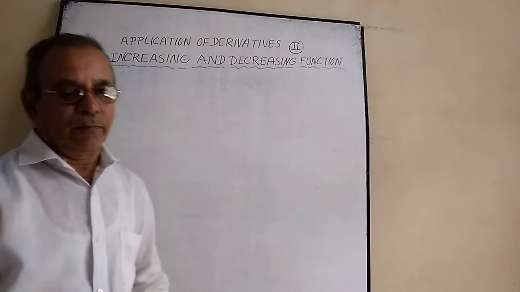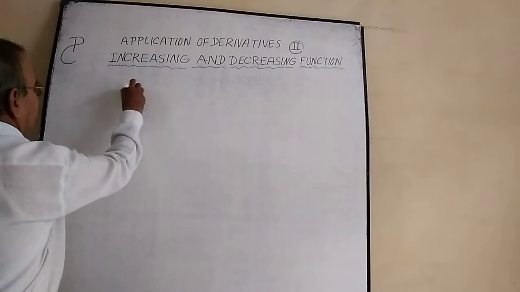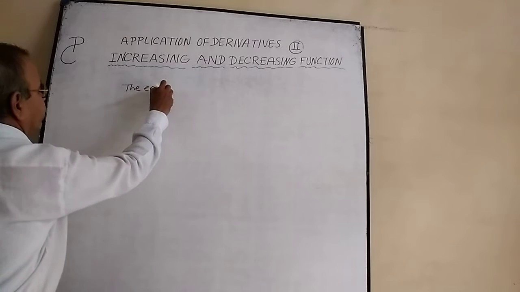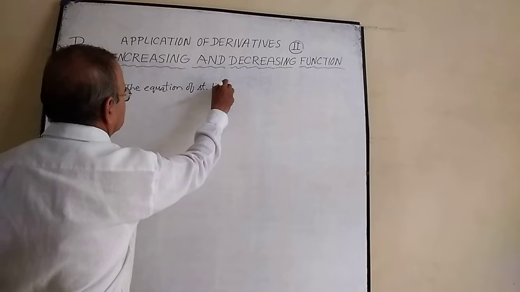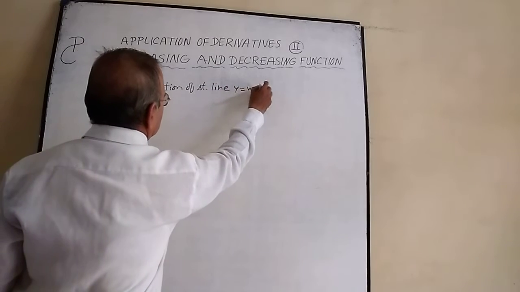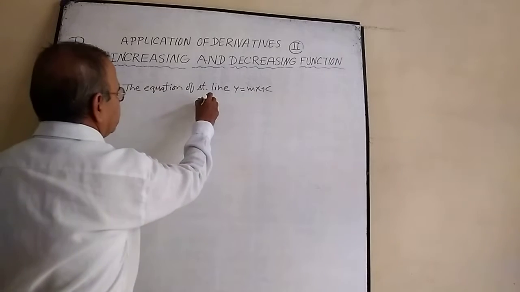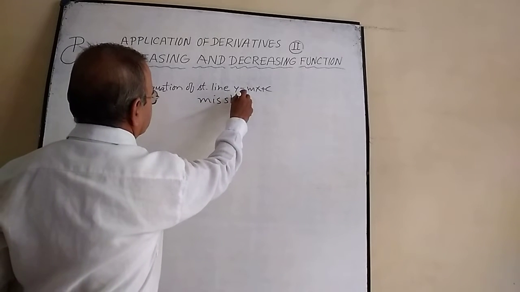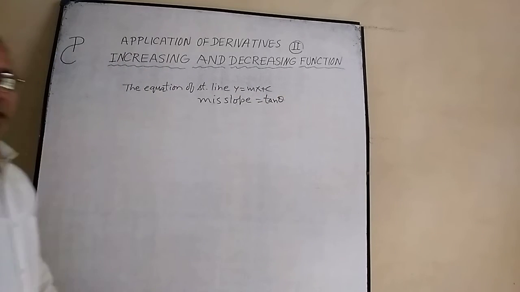First of all we discuss the straight line. We know that the equation of a straight line is y is equal to mx plus c, where m is the slope and tan theta.